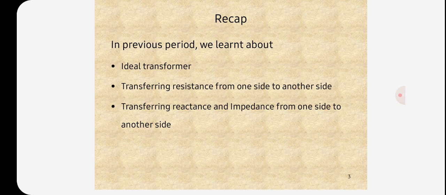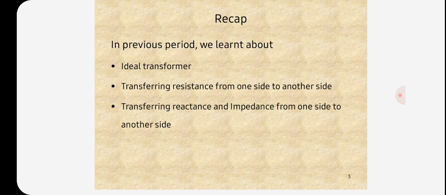Now, the transformer with winding resistance. In an ideal transformer there is no resistance in the windings, but in an actual transformer there is always some resistance in the primary and secondary windings. The primary has a resistance of R1 ohms called primary resistance, and the secondary has a resistance of R2 ohms called secondary resistance.